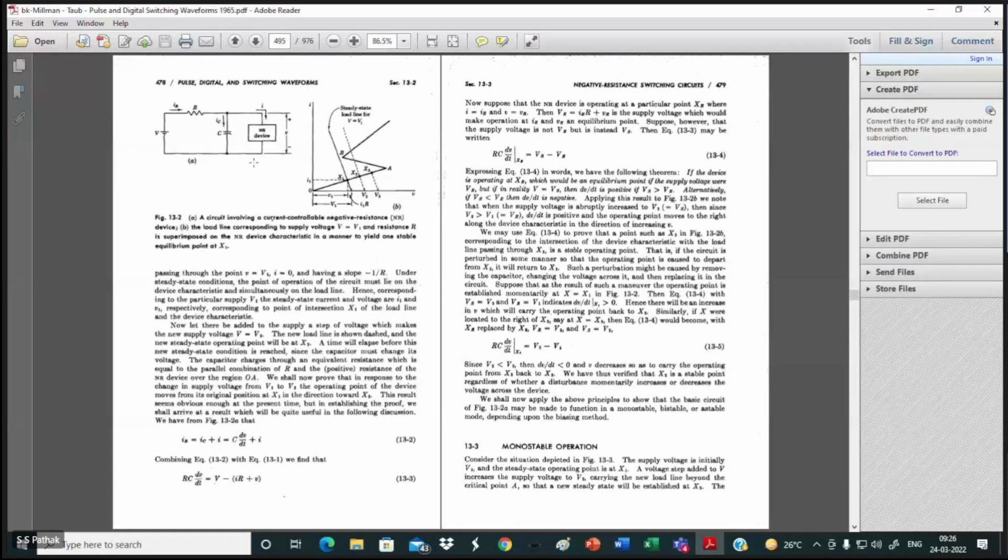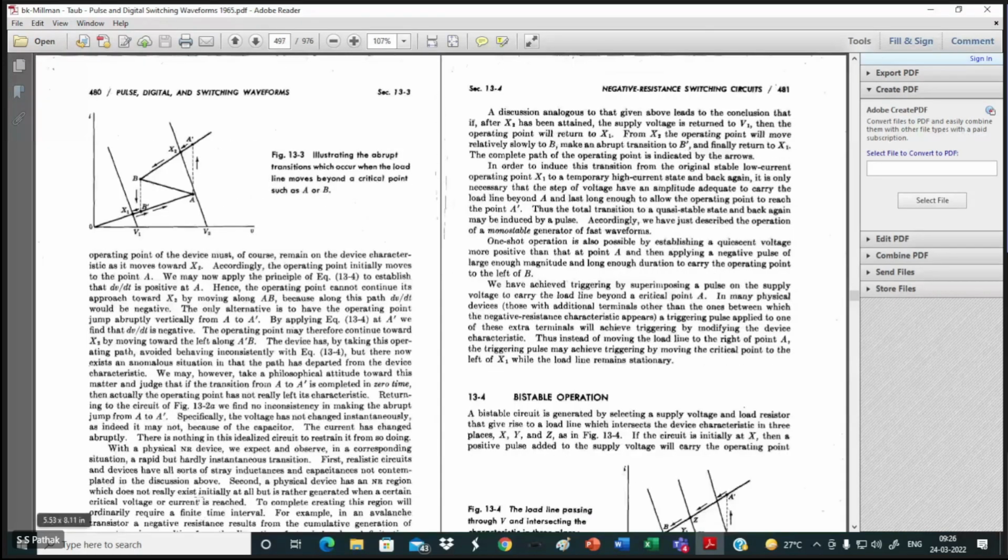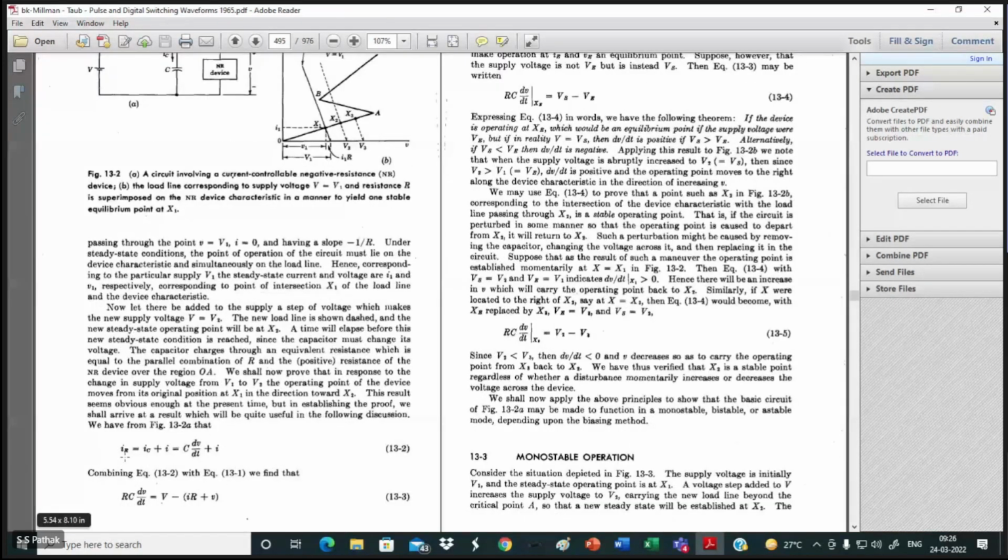Yeah, this is the one I was talking. Can you see this? Okay. I said IR is IC plus I. Oh, I made IC as C dV by dt plus I. That's what I made. And dV by dt from the second equation becomes V minus this thing, IR plus V. It's okay.